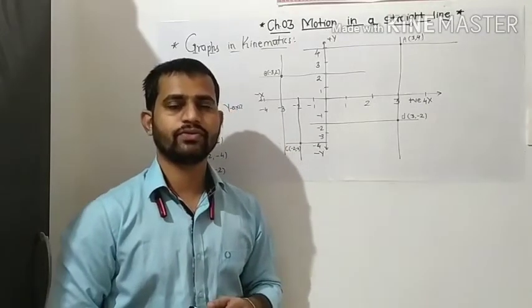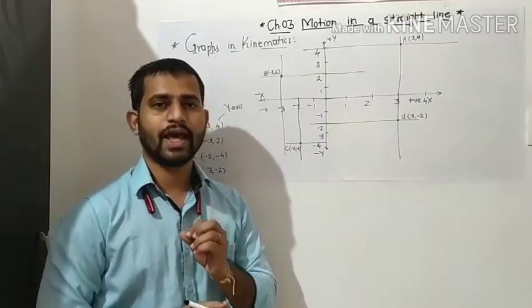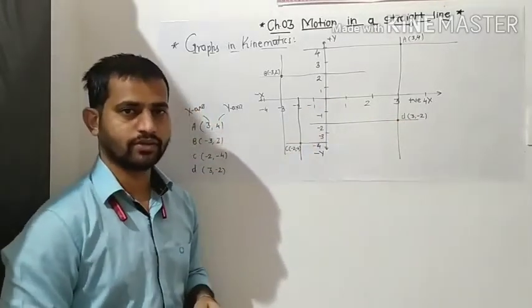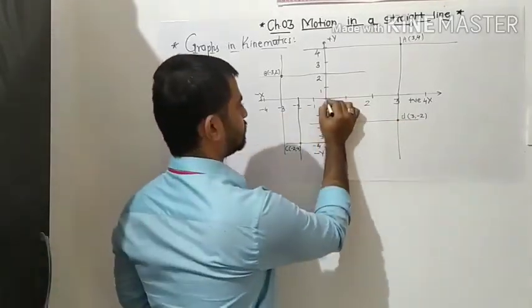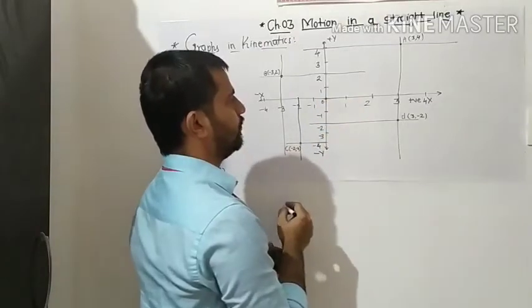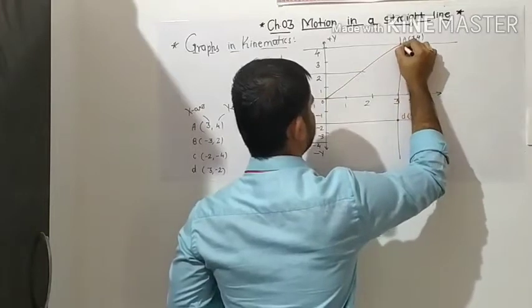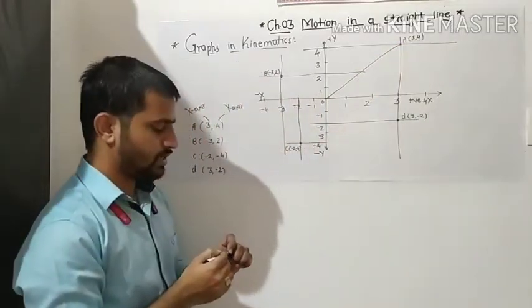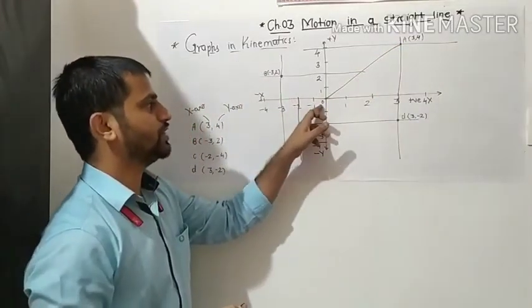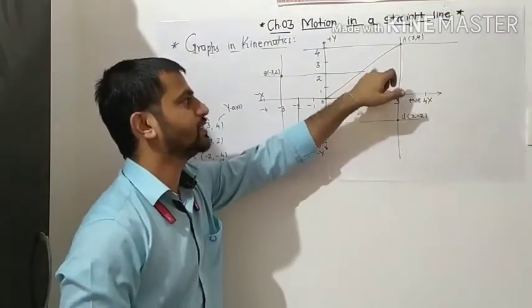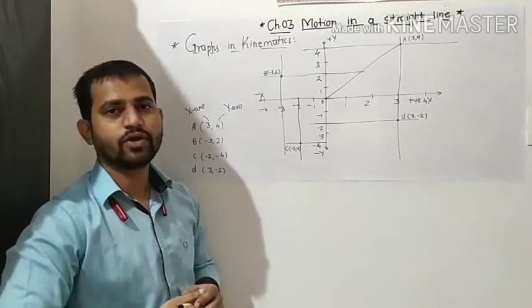When we have to find out the position of that point, we just have to draw one line joining this point with respect to the origin. Where is the origin? This is the origin. If I draw one line joining these two points, the origin and the location of this point A, then this line represents the position of that point.